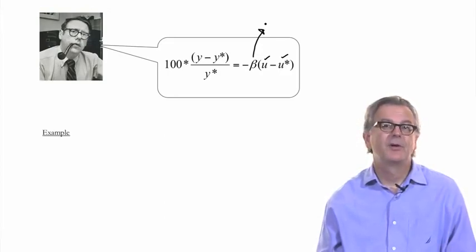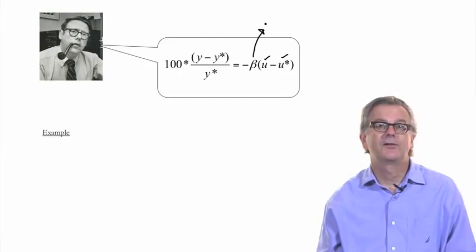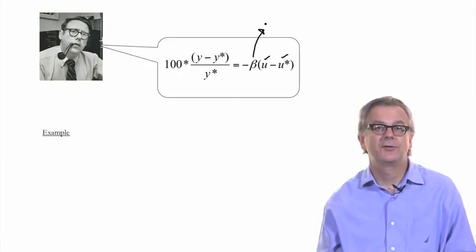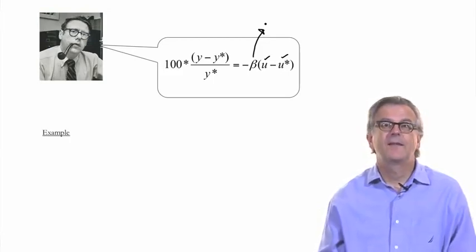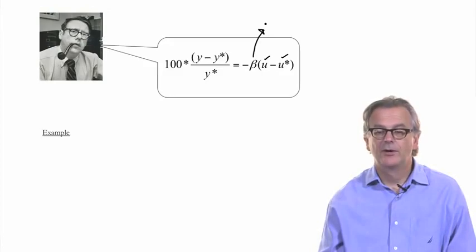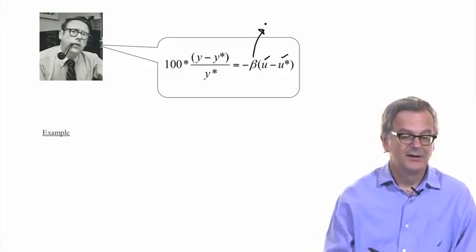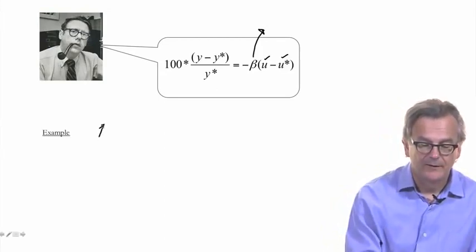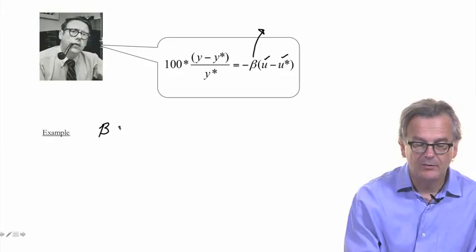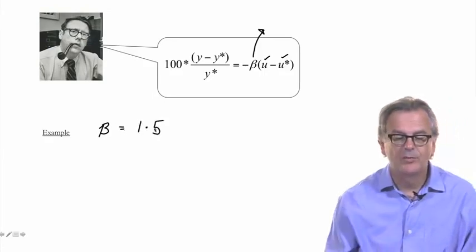And beta is a number that can vary across different economies, across different times in a given economy. On average, looking at the vast amount of empirical analysis that has been done on Okun's law, both for the United States and for other economies, the value most often found for beta is something around 1.5.